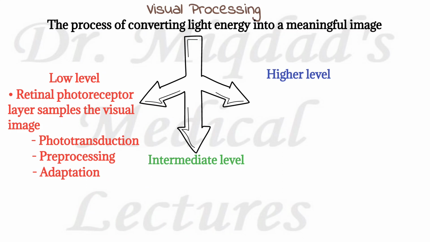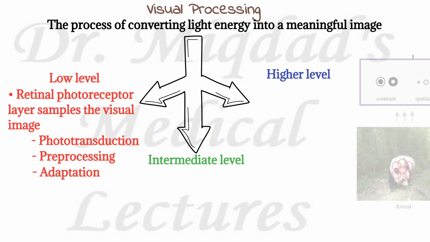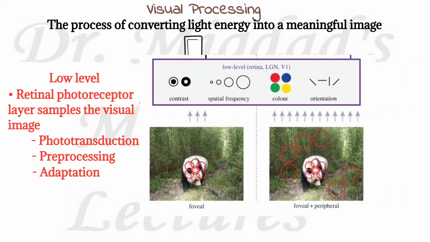Then coming to pre-processing, it involves discarding much of the stimulus information available at the receptor level and extracting certain low-level features of the visual field which are useful to the central nervous system, like local contrast, orientation, color, and movement. Then coming to adaptation, it is the ability of the retina to adjust to various levels of light.